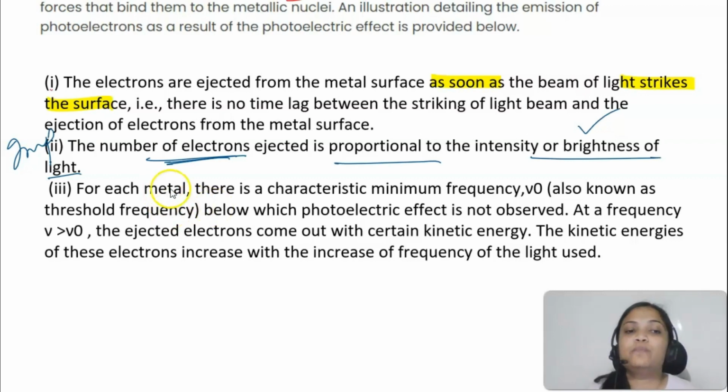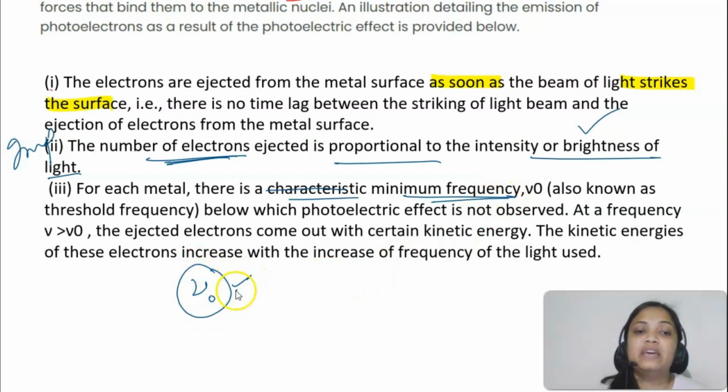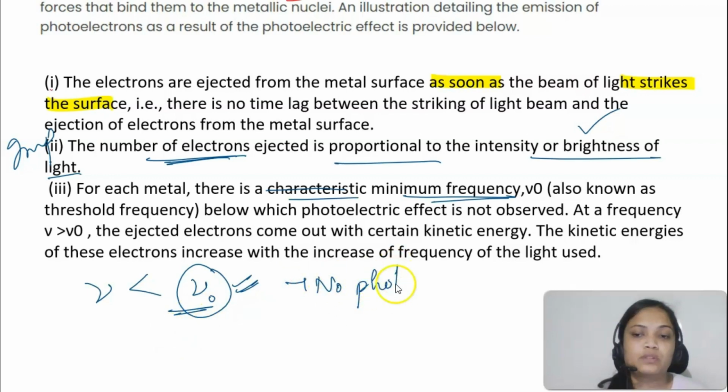Let me tell you. It's not like you will put any light and the electrons would be ejected from the metal. No, for each metal there is a characteristic minimum frequency which we call nu naught. If we put light of a frequency above this, then the photoelectric effect would be observed. If the frequency of light is less than nu naught, which is the threshold frequency, no photoelectric effect would be observed.